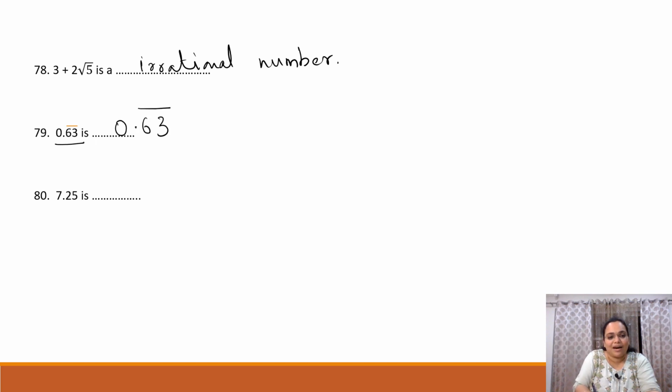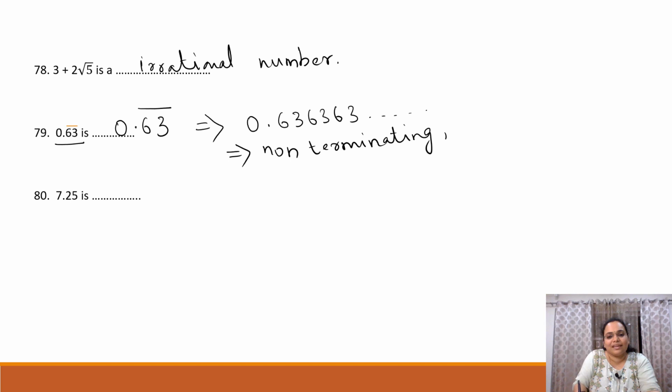Now if you see this, it is 0.63 bar. This is called bar. You can write bar on the numbers which are repeating. Okay. So it can be written as 63, 63, 63, and so on. What is this number? This is a non-terminating repeating decimal.